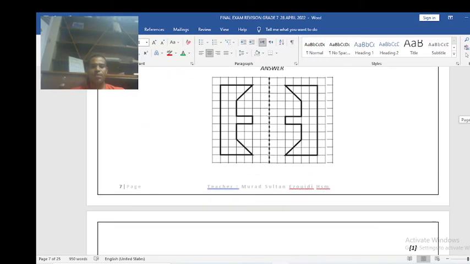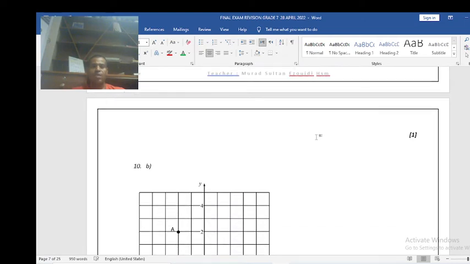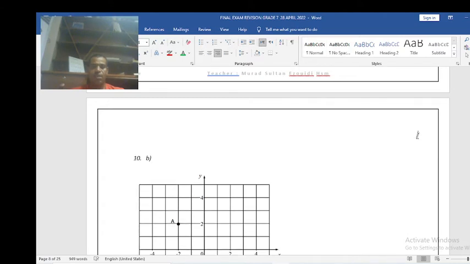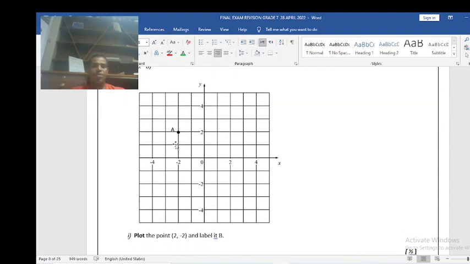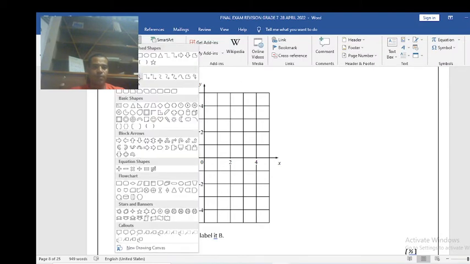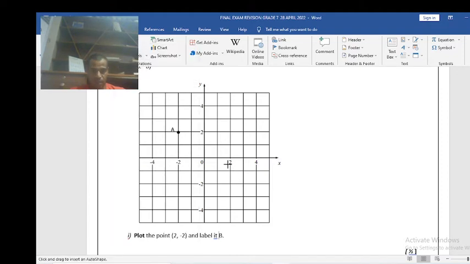For the second question, 10b, I'll erase this so I obtain space. We have a coordinate grid, or Cartesian plane. The question is to plot the point 2, -2, and this is the point B. I will write B there.